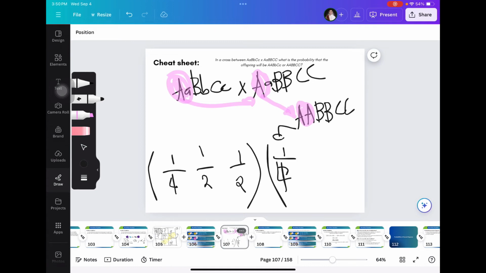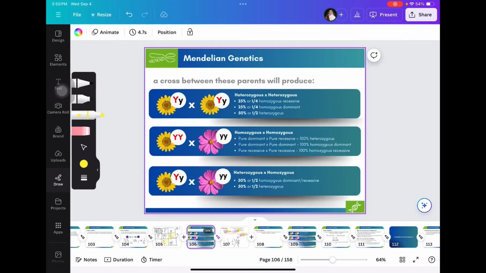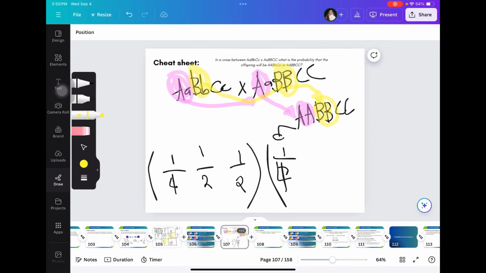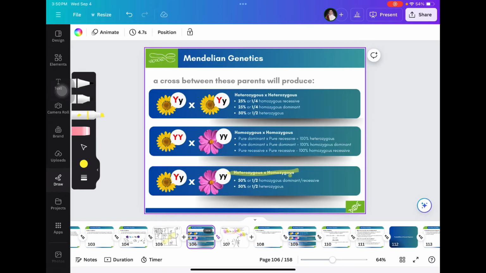1/4. And then moving on to the next trait, we have letter B here, which is hetero times dominant. What are the odds that they will also be producing a dominant trait? So hetero times homozygous dominant. So we're looking here on our cheat sheet. What are the odds that they will be producing a homozygous dominant? The answer is 1/2.